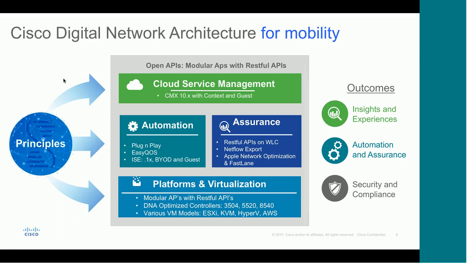We look at this platform in basically three layers. The first layer, starting from the bottom, is our platforms and virtualization layer. Here we have physical and virtual devices, mainly coming together on a network. The core principle at the network layer is virtualization.